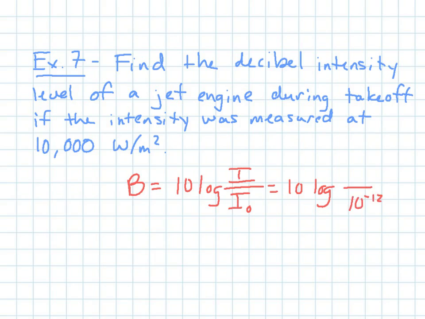But they also tell you this one. So if I rewrite that as a base of 10, because my initial is already a base of 10, it makes this a lot easier. So 10,000 would be 10 to the 4th. So let's insert that in for I. And so now you can use your exponent rules. Dividing like bases, you subtract the exponents.